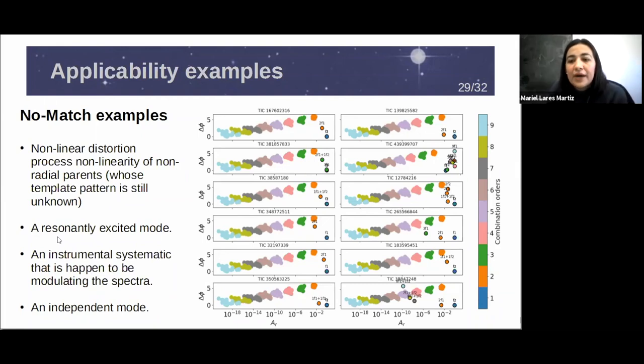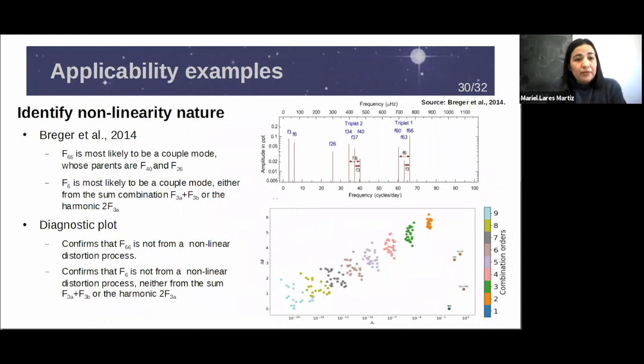So what I did is search for a previously known mode couple family, and this is the case of Breger's study in 2014, where he stated that F66, in his notation, is most likely a coupled mode with parents F40 and F26, and the same for F6, where it could be a coupled mode of these two frequencies, so the summation of these two frequencies or the harmonic of one of them.